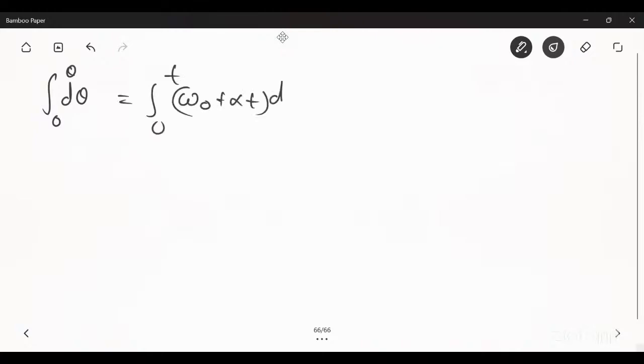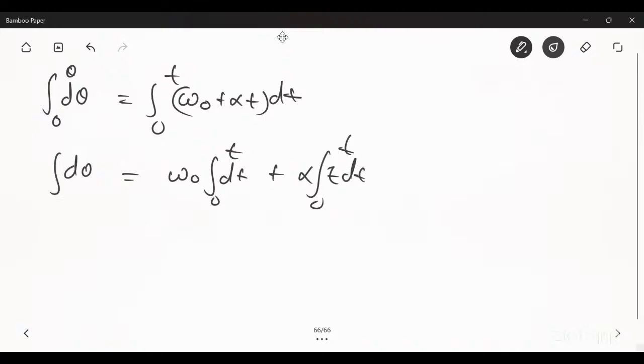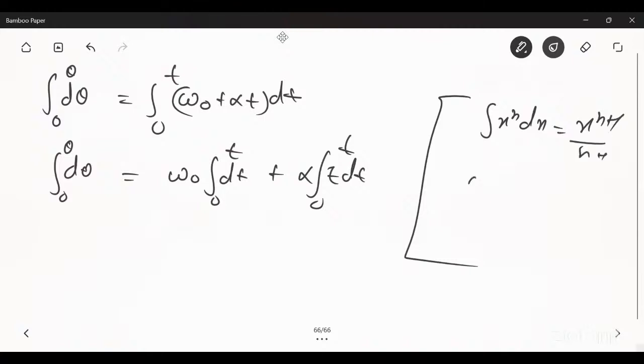So you will get omega naught integral of dt from 0 to t plus alpha integral of t dt from 0 to t, and integral of d theta from 0 to theta. We know that the integral of x to the power n dx is x to the power n plus 1 upon n plus 1. So integral of t dt is t to the power 1 plus 1 upon 1 plus 1, so t square by 2.